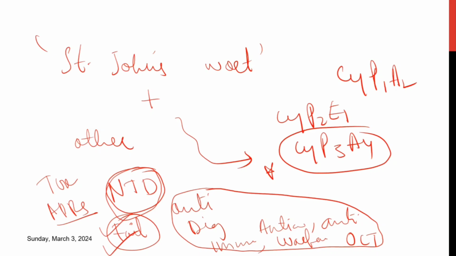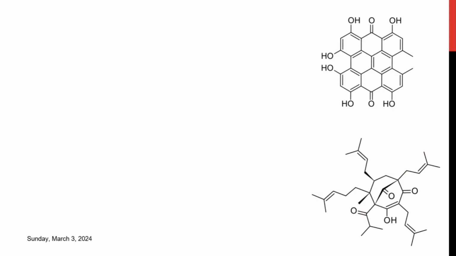So these are different cytochrome P450 enzymes which are responsible for the metabolism of all these narrow therapeutic drugs. Let me tell you in detail. For example, cytochrome P3A4 is the enzyme which will metabolize the following drugs.